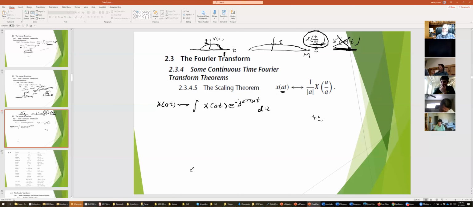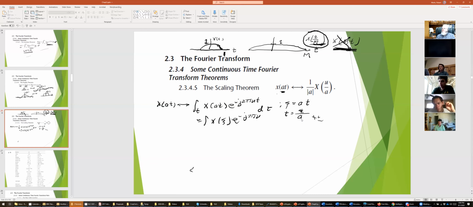Now, if we look at that, we can see immediately that we need to manipulate this to look more like a Fourier transform. So we're going to use a new variable substitution. Let C is equal to AT, which means that T is equal to C over A, right? And so this is equal to the integral of X of C, e to the minus j 2 pi u.